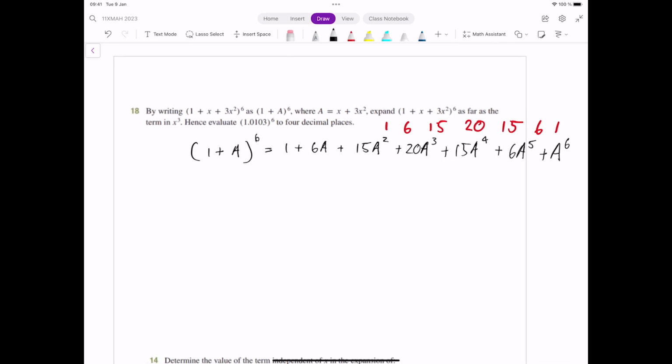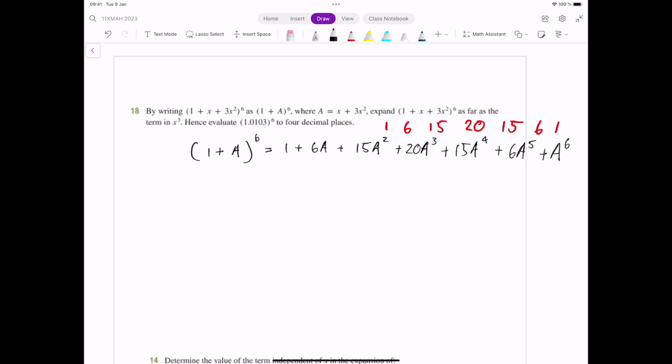Now, the question is telling us that a is equal to x plus 3x squared, and we need to find the value of 1.0103.